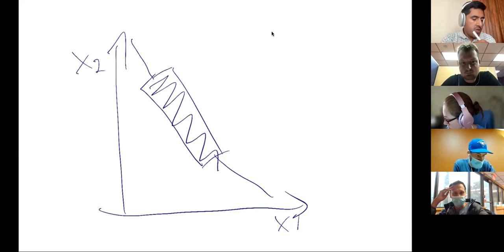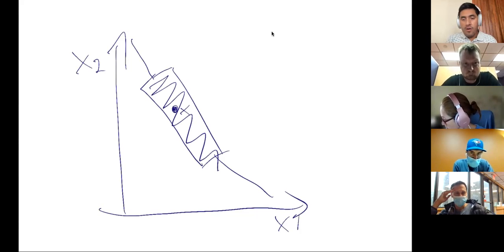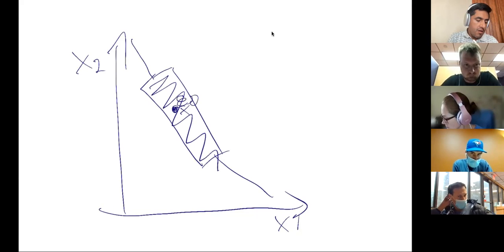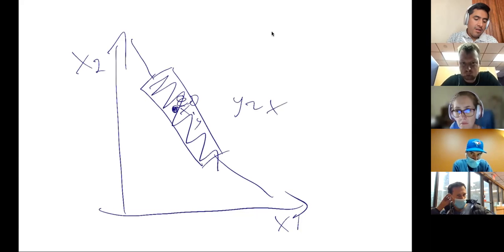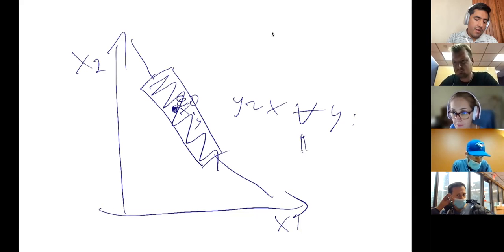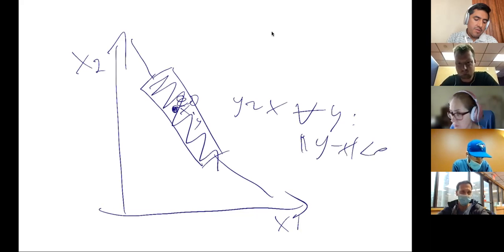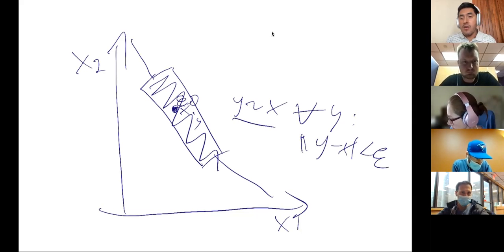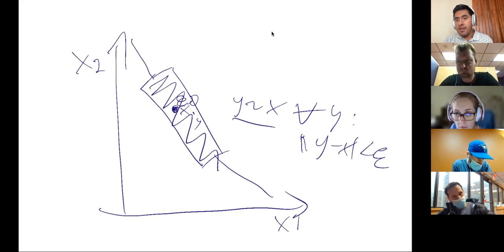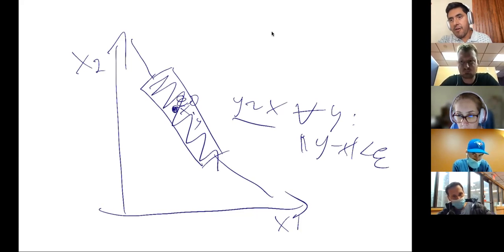So take, for instance, an object here, X. And now notice that within epsilon, all the Y's here are indifferent to X, for all Y such that the norm of Y minus X is less than epsilon. So essentially in this part, there is always something that is indifferent.